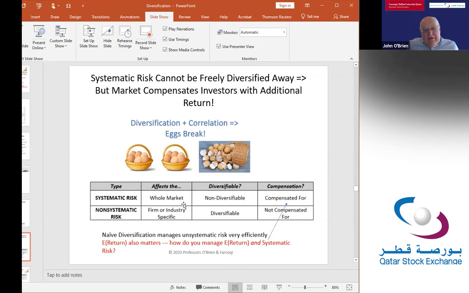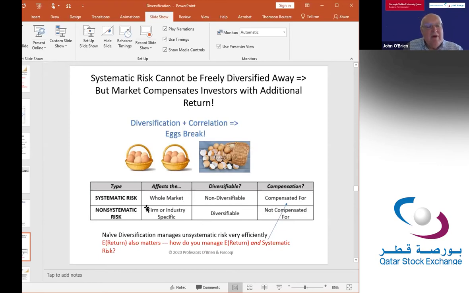Recall at the beginning, I said that on average, if financial markets are risk averse, if our mythical marginal trader is risk averse, that determines the price at the margin, then they're going to be compensated for assuming systematic risk. But non-systematic risk, which can create a minus 100% drawdown if you put all your eggs in the one basket, you're not getting compensated for.